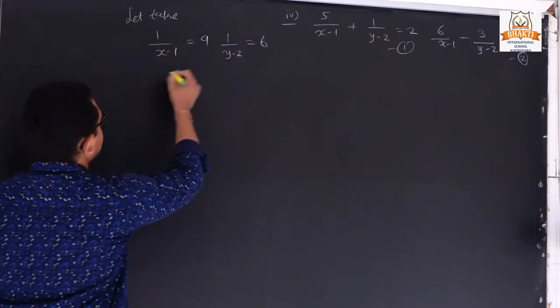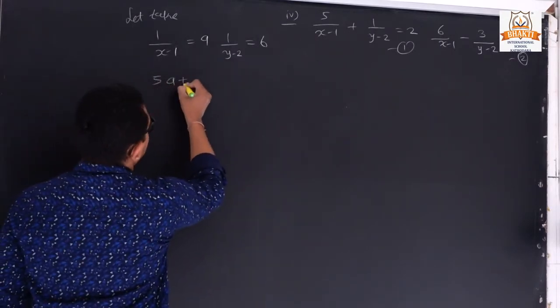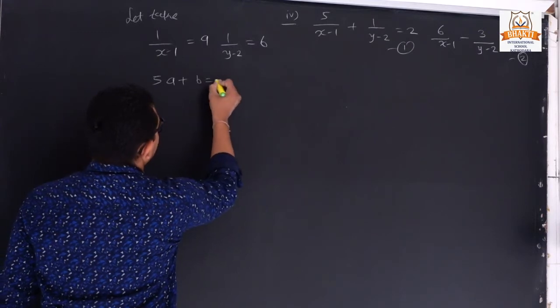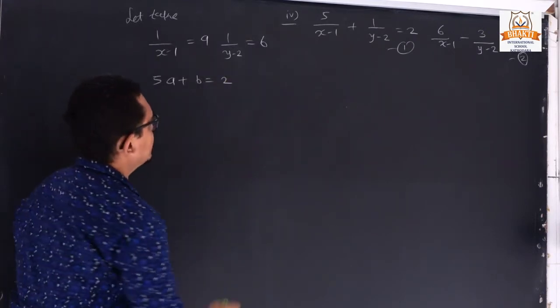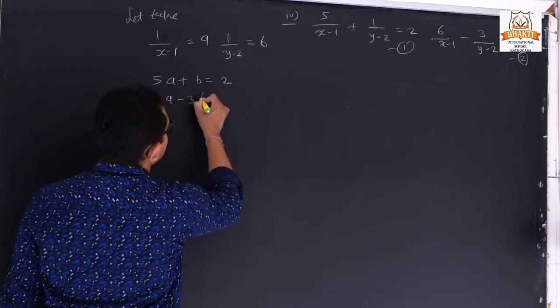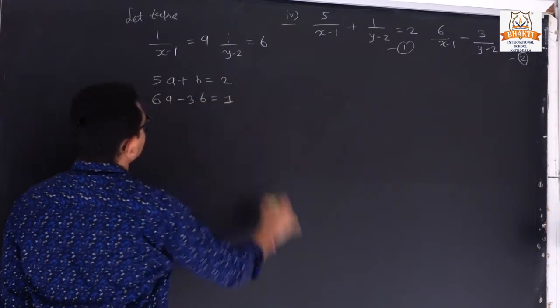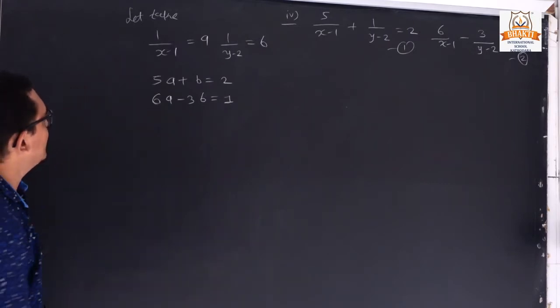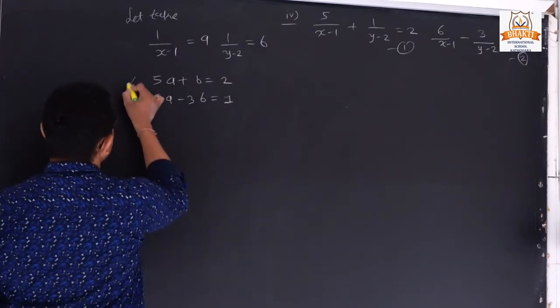So now our equation first is like that 5a plus b is equal to 2, and second equation is like that 6a minus 3b is equal to 1. Now simplify this. So we are using elimination.